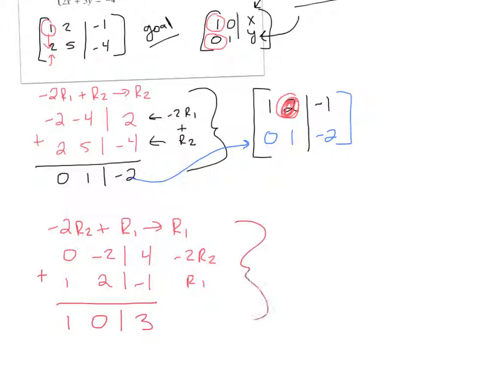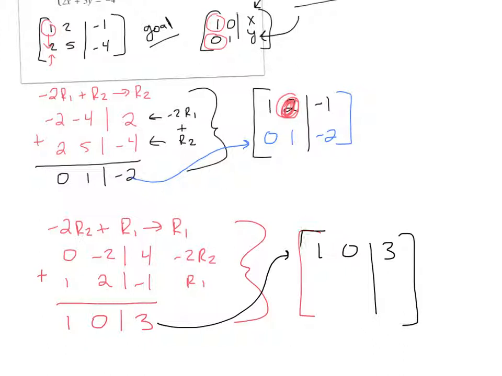And this is going to help me create that new row. So notice, I manipulated row 1. So this is going to become my new row 1. Row 2 was used to manipulate row 1, but I'm not going to change it.